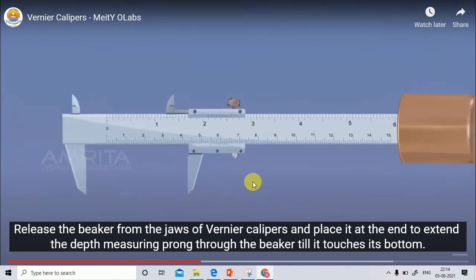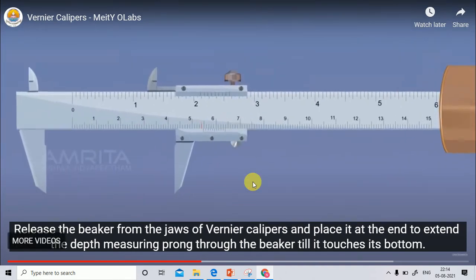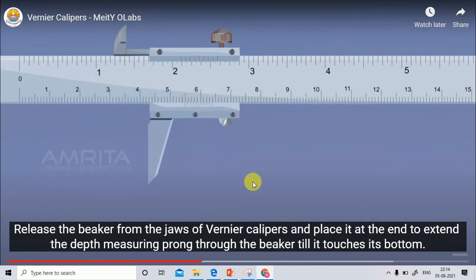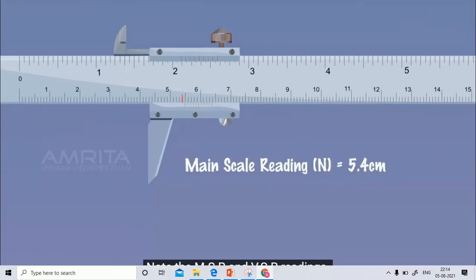If you observe, the main scale reading is 5.4, and the vernier coincidence, for me, is the 8th line. So the main scale reading is 5.4 and the vernier coincidence is the 8th division.